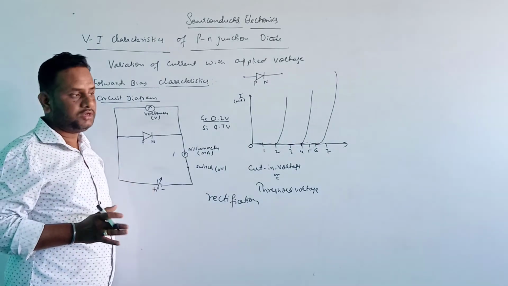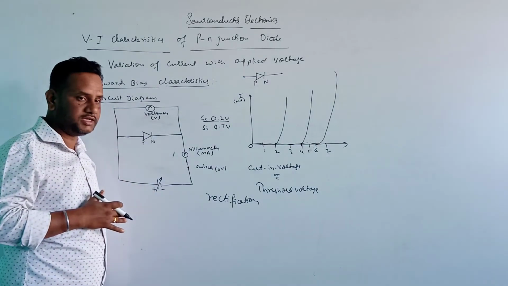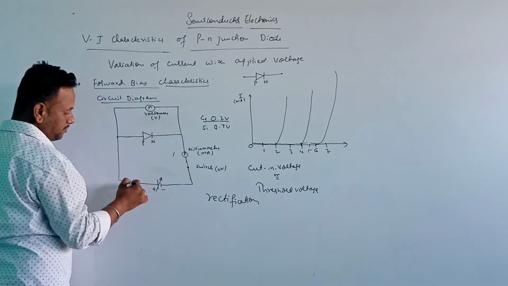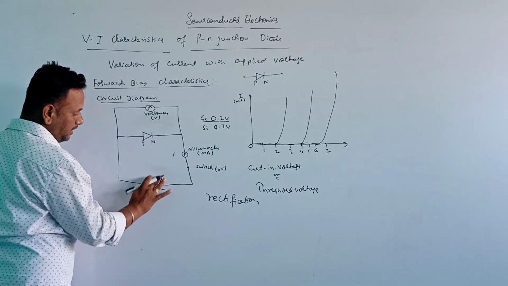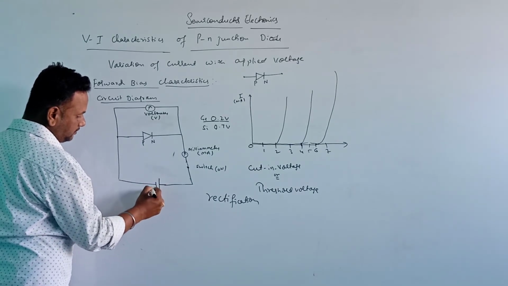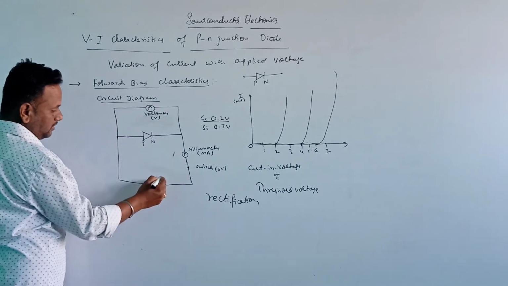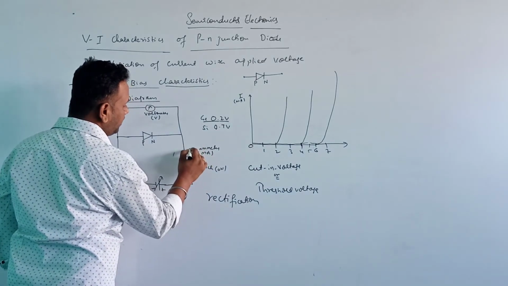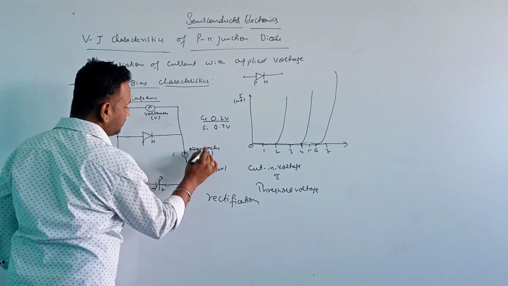Now similarly, this is for forward bias. Now when we come to the reverse bias, here we are connecting the p region to the negative terminal and the n region to the positive terminal. Now here we are taking a microammeter. Why are we taking this microammeter here?